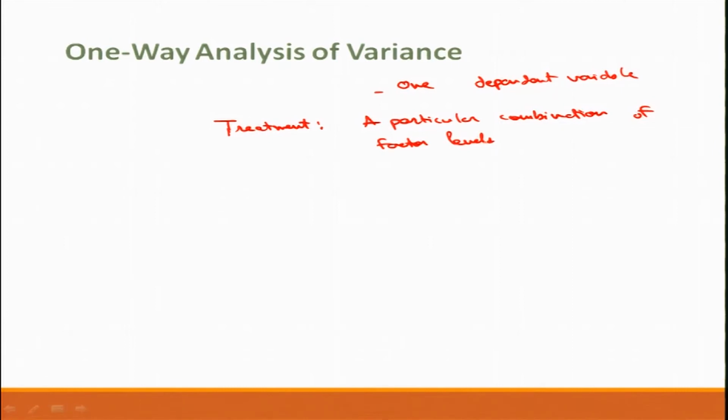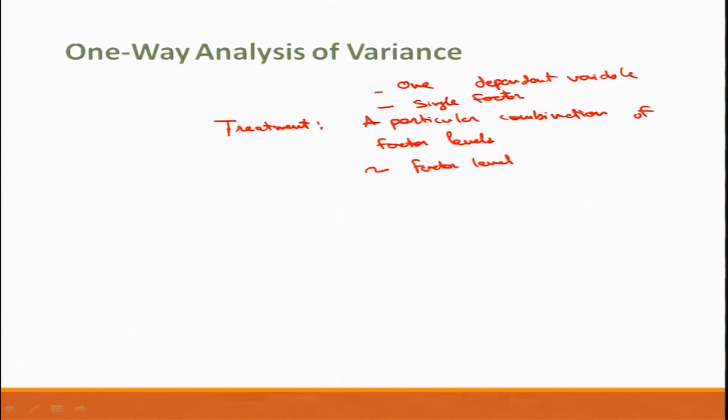So, one-way analysis of variance involves only one categorical variable, that is, a single factor. And in this ANOVA, a treatment is the same as a factor level, because we have only one factor. So, there may be certain examples of one-way ANOVA.